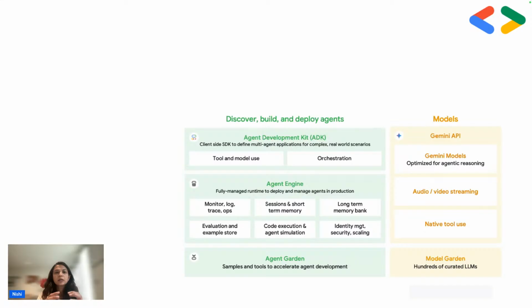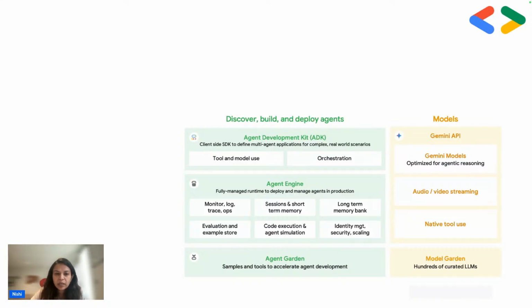This is a framework which Google is providing you to build your agents. You can use other frameworks which are available out there as well, and then you can build your agents using the other frameworks and deploy it on the Google Cloud ecosystem as well. But Google provides you Agent Development Kit, which you can use to build agents and multi-agent systems.